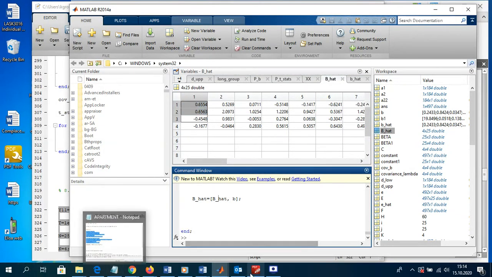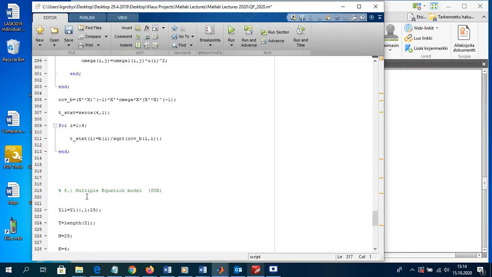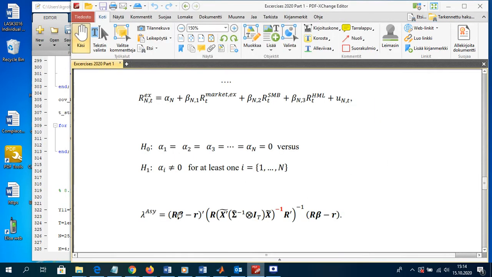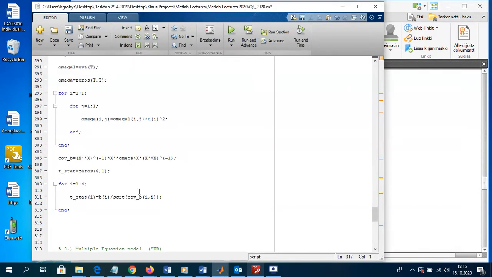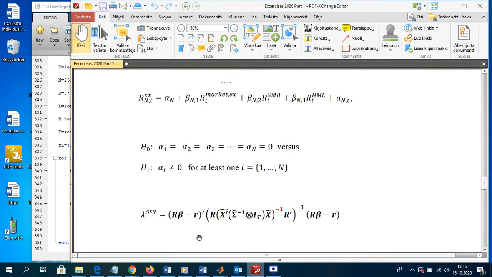But in our formula, how the test statistic is constructed, this beta here is our beta_hat, and it must have the dimension 100 by 1, because this guy here is a 100 by 1 vector in our test statistic. So let's make it correct. So write a colon here. So now we have stored our beta_hat, this guy that we need here for our test statistic.